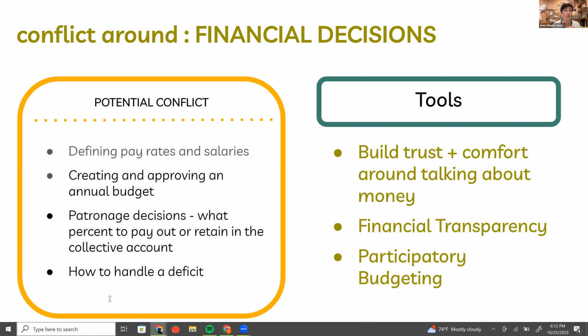Some tools that we've talked about in our past workshops, like I mentioned before, are building trust and comfort around talking about money. Some of that can come from having financial transparency: doing financial reports, sharing that with your entire team, making sure that everybody has the financial knowledge to understand those reports and a good grasp of what's going on.